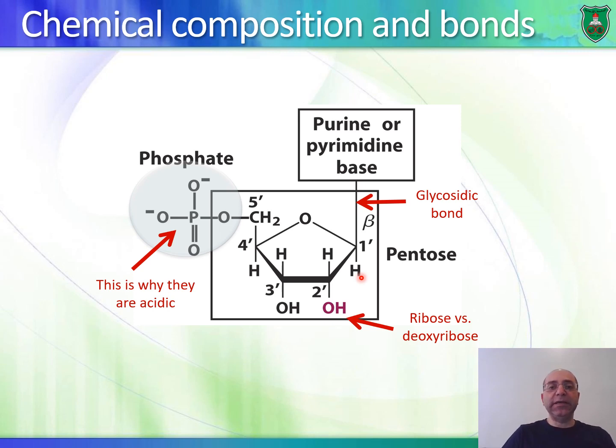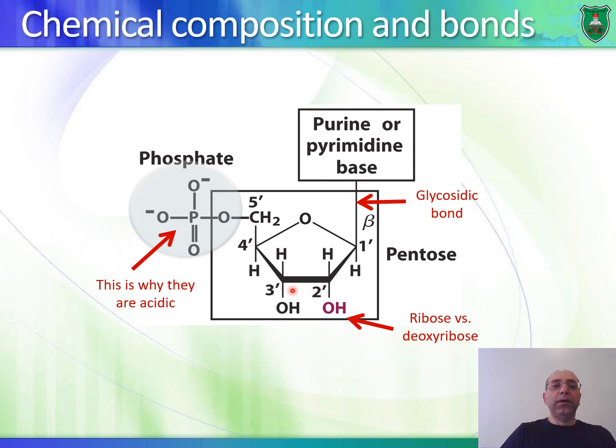Deoxy means that it lacks an oxygen, and this oxygen is right here. It's associated with carbon number 2. So in RNA it is a hydroxyl group, but in DNA it's just a hydrogen. So it is a deoxyribose in DNA, and DNA stands for deoxyribonucleic acid.